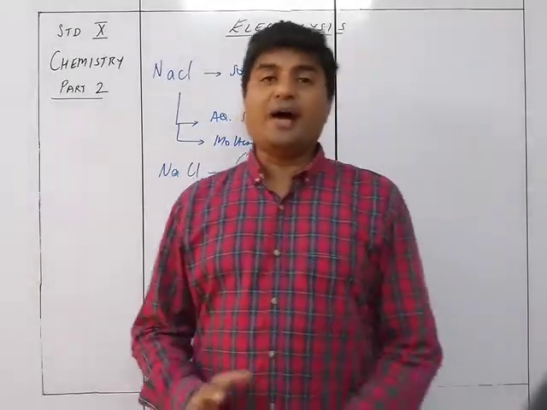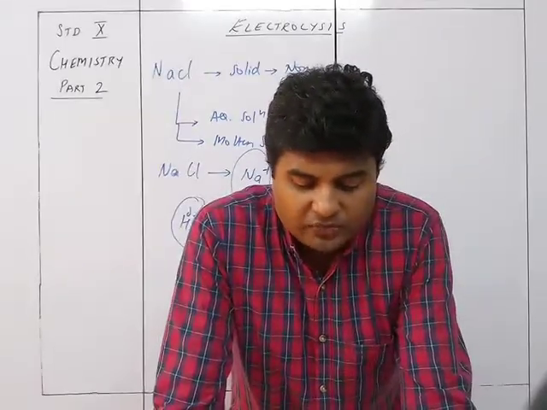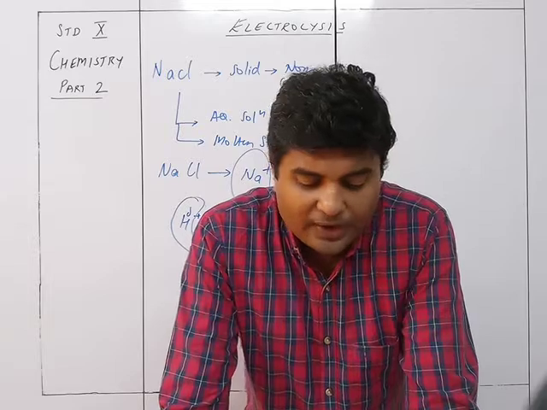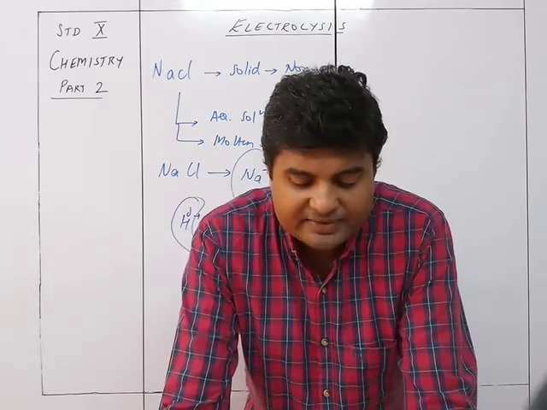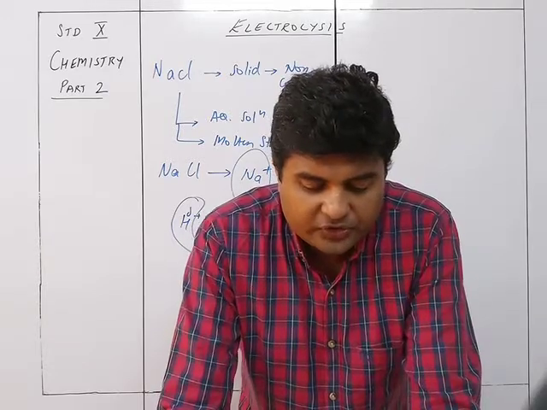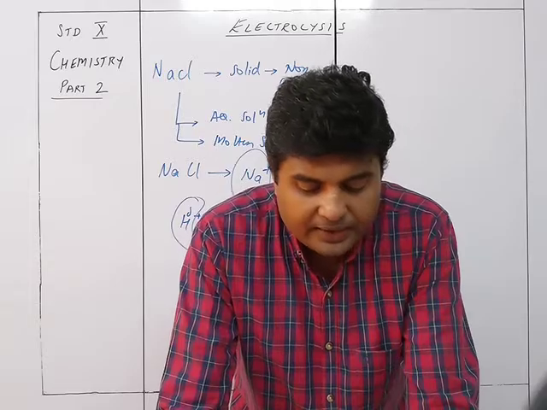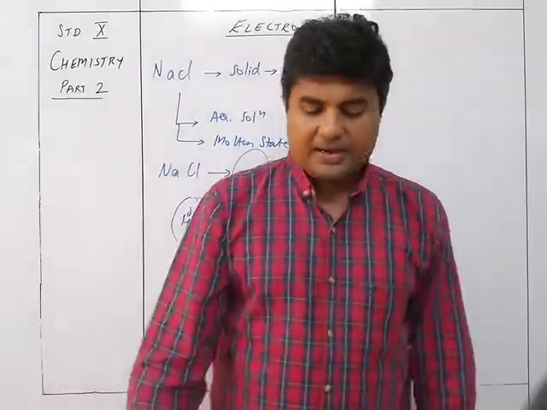Now let's understand what ionization is. Polar covalent compounds like ammonia and HCl are non-electrolytes in the gaseous state but ionized in the aqueous solution state. Hydrogen chloride in a pure liquid state is unionized and does not conduct an electric current.